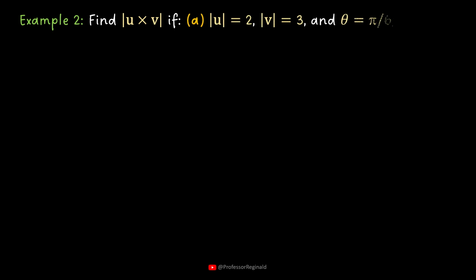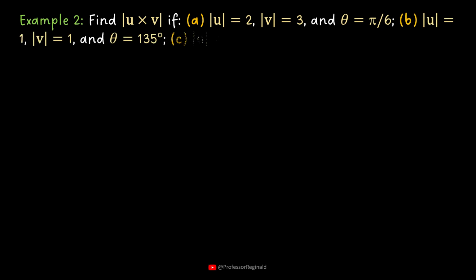Example 2. Find the norm of the cross product of two vectors if they have the following characteristics. Solution.